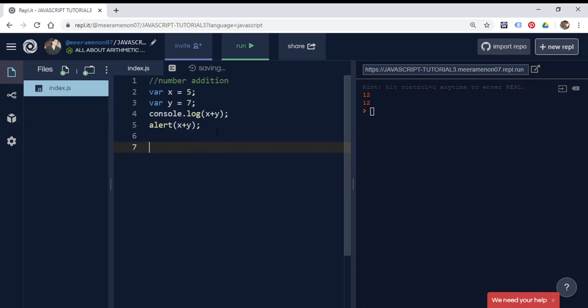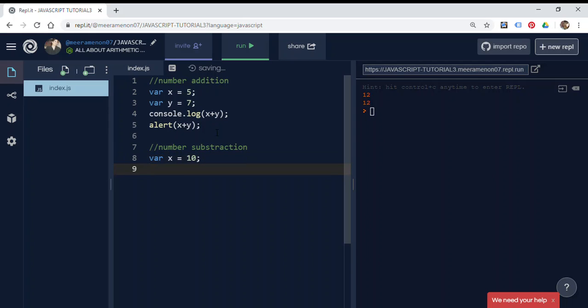So next we talk about the reverse of addition, which is subtraction, right? So number subtraction. Okay, let's see how we operate that. We take a variable x, give it a value of 10.